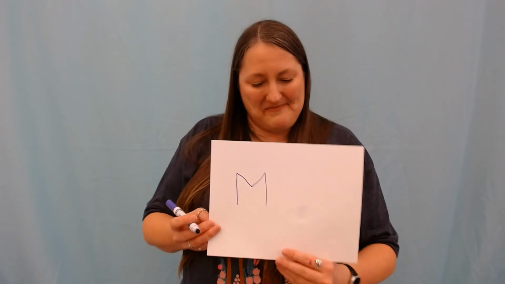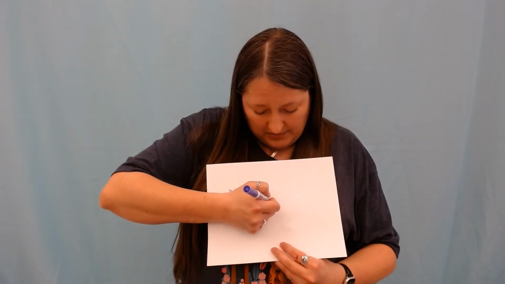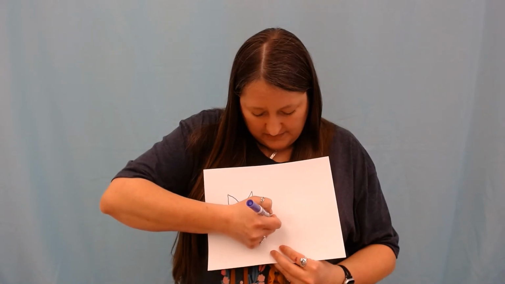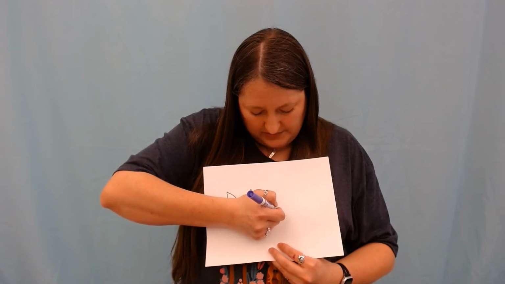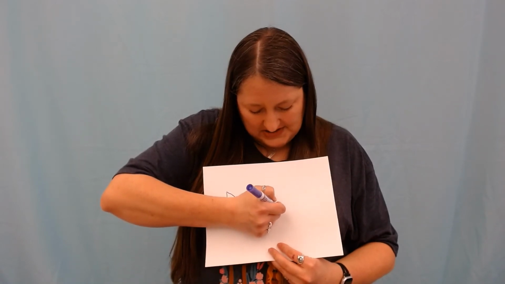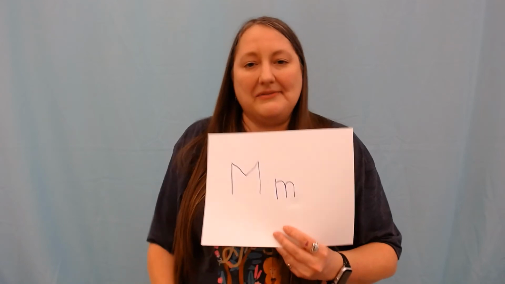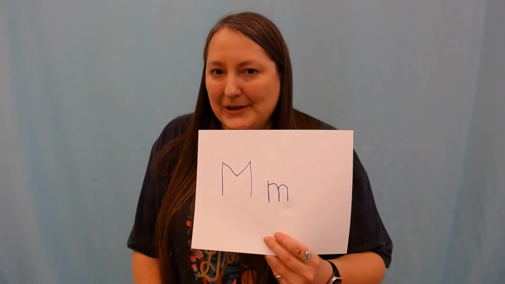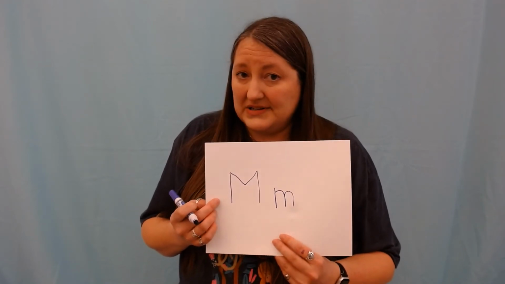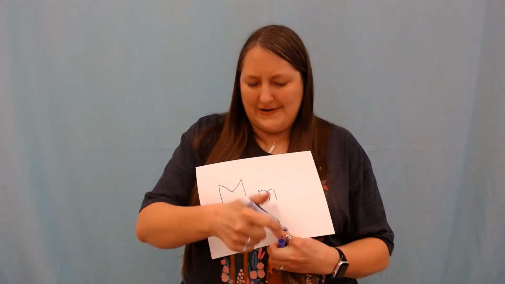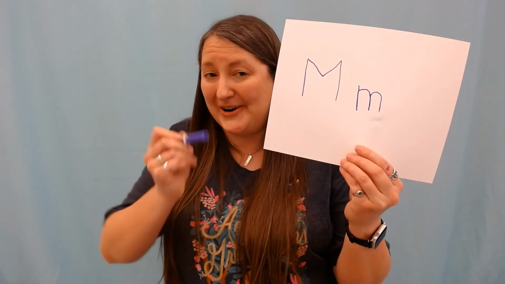And there's our big M. Or our little m, we would pull down straight, push up, curve forward, whoops, pull down straight, push up, and curve forward again. And that's our little m, or our lowercase m. They both make the same sound though, even though they look a little bit different. Friends, I hope maybe you'll get a chance to try practicing writing some M's with your markers today.